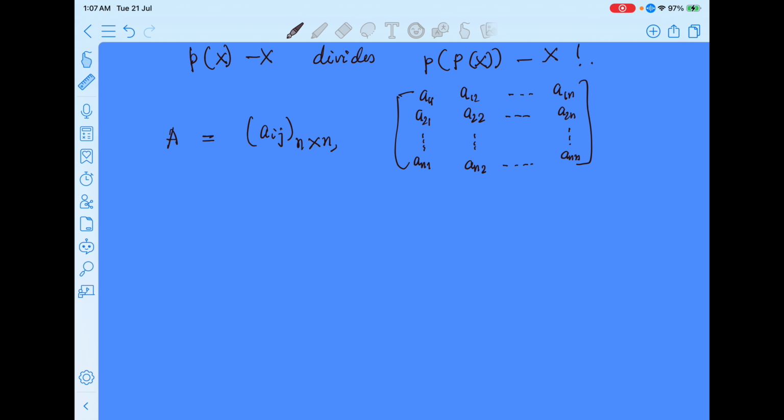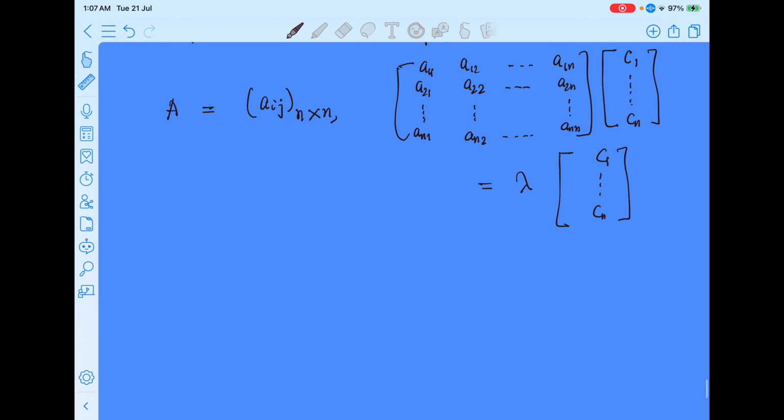Now, okay. So let's say lambda is an eigenvalue. So that means there exists a non-zero vector c_1 up to c_n such that A times this is equal to lambda times c_1 up to c_n. Okay.